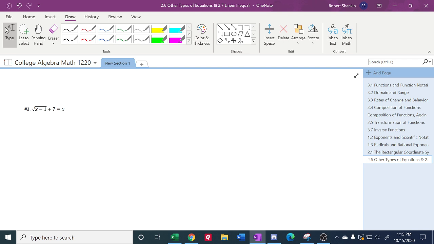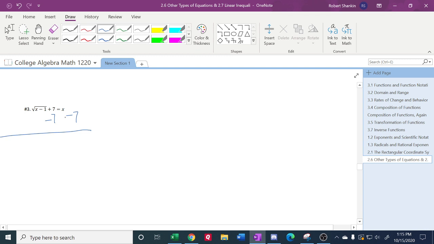But what's the very first step? Pass? Okay. Let me go to group 6. What's the very first step to solve this one? To subtract 7 from both sides to isolate the square root. Ah, that's what we're going to do. Subtract 7 from both sides.